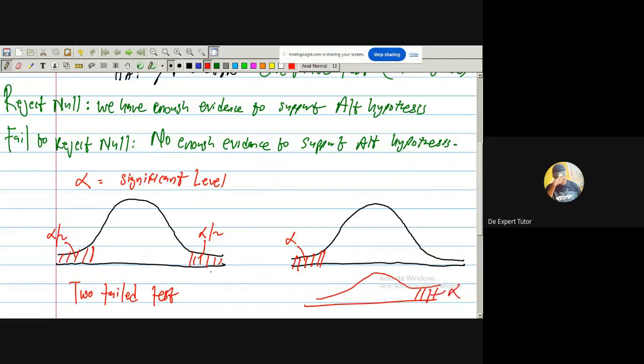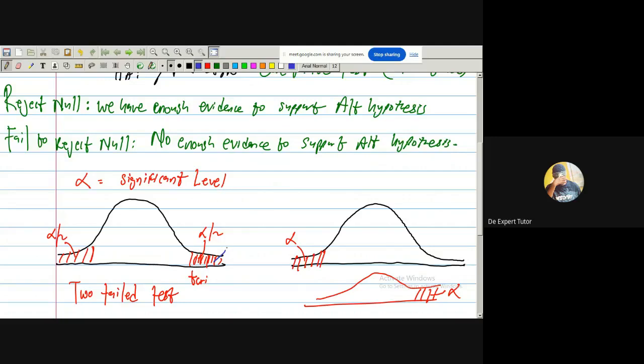Okay, so this is what we use to get the T critical value. Remember I told you that to reject or accept, this is needed. Now pay attention. If the T that you calculate falls in this shaded portion, you will reject.